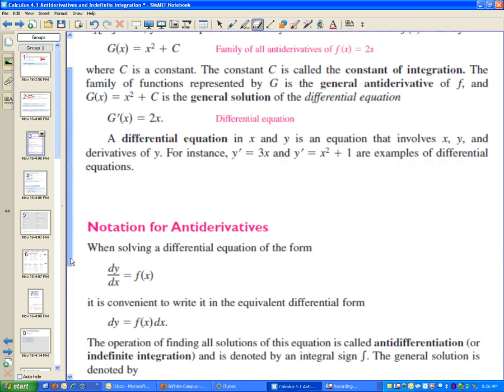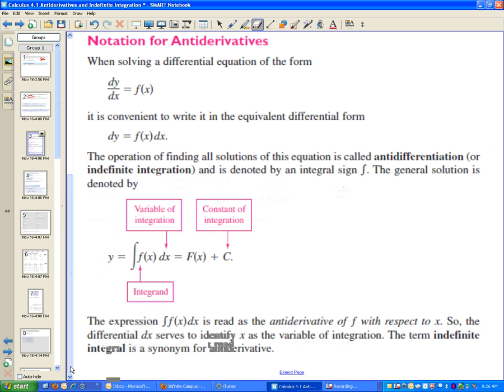More notation issues. When solving a differential equation of the form dy/dx equals f of x, so they're using dy/dx as opposed to using y prime or f prime of x, it is convenient to write it in the equivalent differential form dy equals f of x dx.